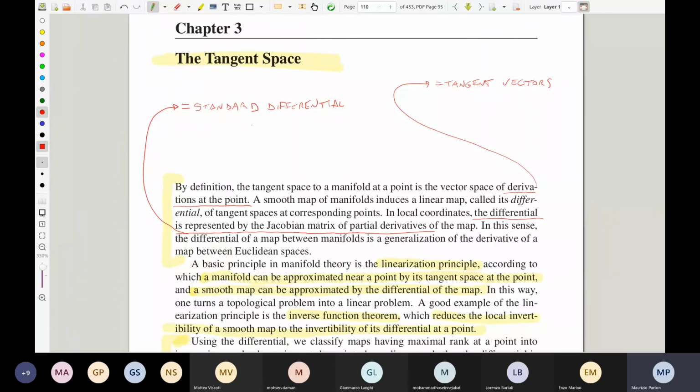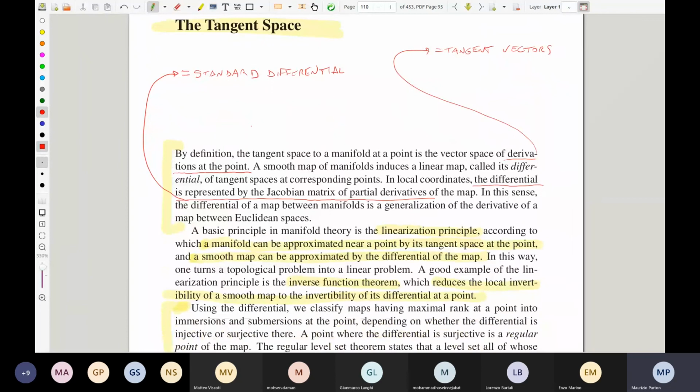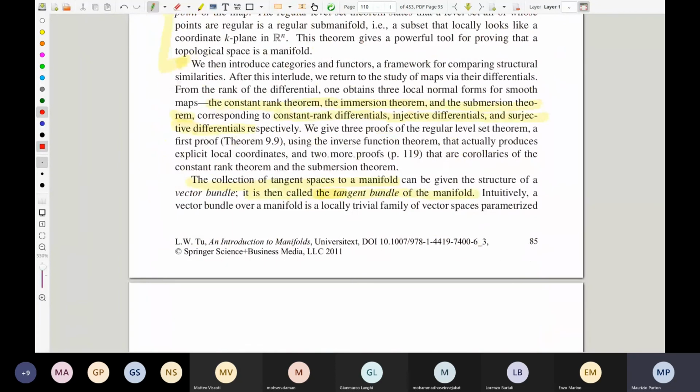This doesn't work. I mean, this tangent vector is just on that chart. Okay, and if you have another chart, this wouldn't give to you a notion of tangent vector in whatever point. It would be a notion depending on the chart. So we are trying to give an intrinsic definition of tangent vectors.